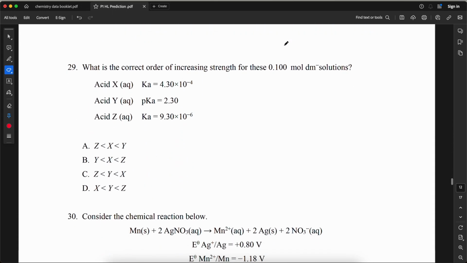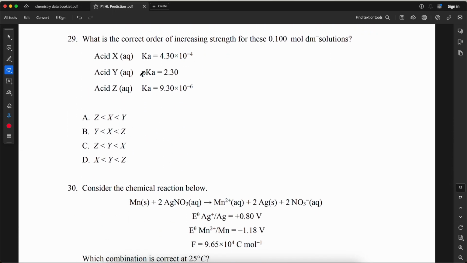All right. Number 29. What is the correct order of increasing strength for these 0.1 mole per decimeter cube solutions? Okay, the strength of an acid is related to the ability to dissociate into its ions in water. The greater the acid dissociation constant, the stronger the acid. So we need to find the greater Ka, and that would be the strongest acid.